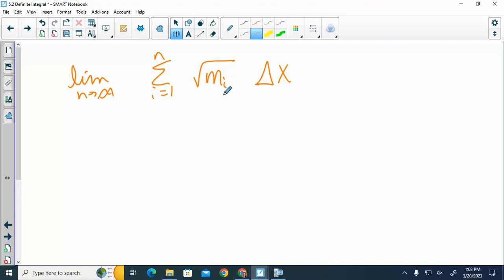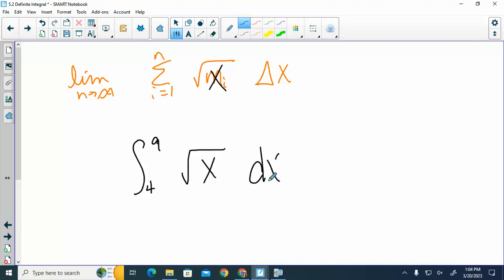But in terms of writing the integral, that m sub i is going to get changed to an x, just like anything else. Okay, so it's just like an x sub i. So when you write your integral, this would be the integral from where to where? 4 to 9. And my function would be square root of x, and change in x would be dx. And that's all you're doing in problem 3.